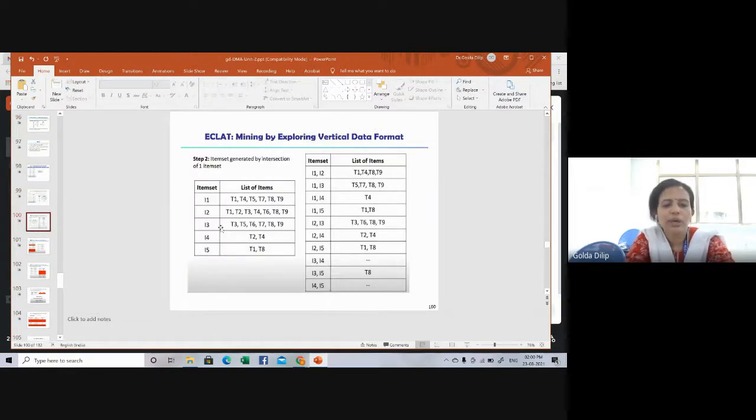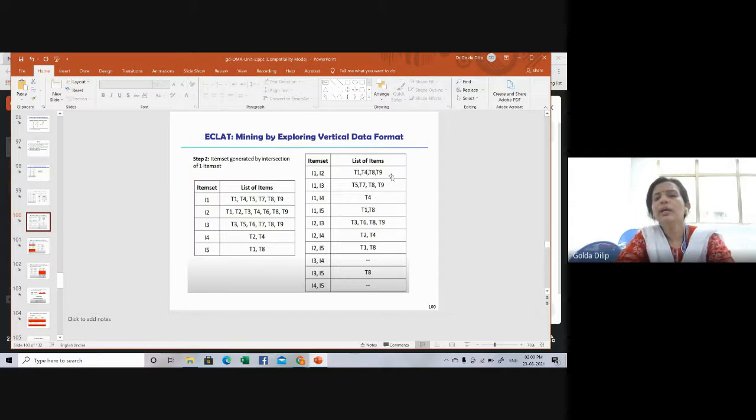Which transactions are common in both I1 and I2? T1 is common, then T4 is common, then T8 is common, and T9 is common. That's what is written here. So in all these 4 transactions, I1 and I2 appear.